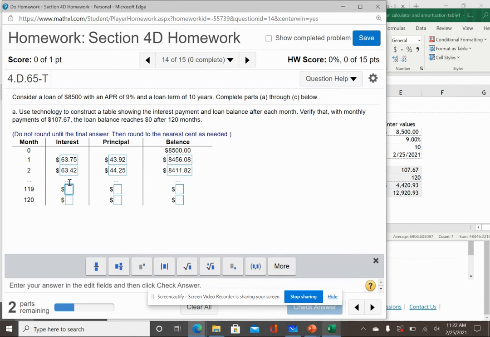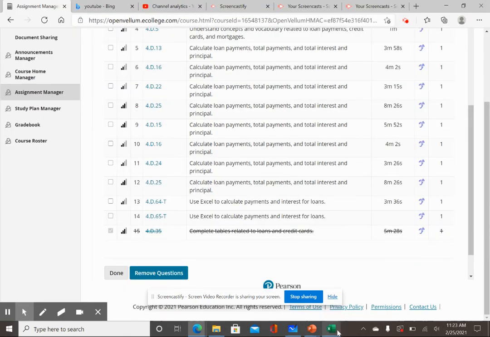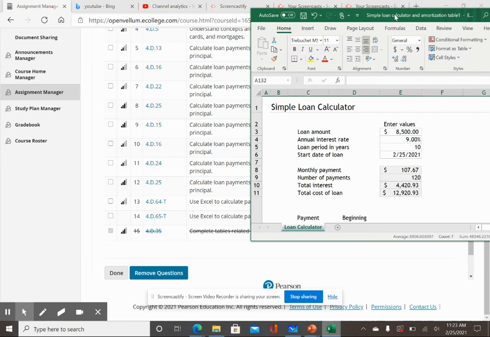My interest amount for month 119 should be $1.60. Principal amount should be $106.08, which then leaves me with a balance of... just going to make sure I transferred that correctly.